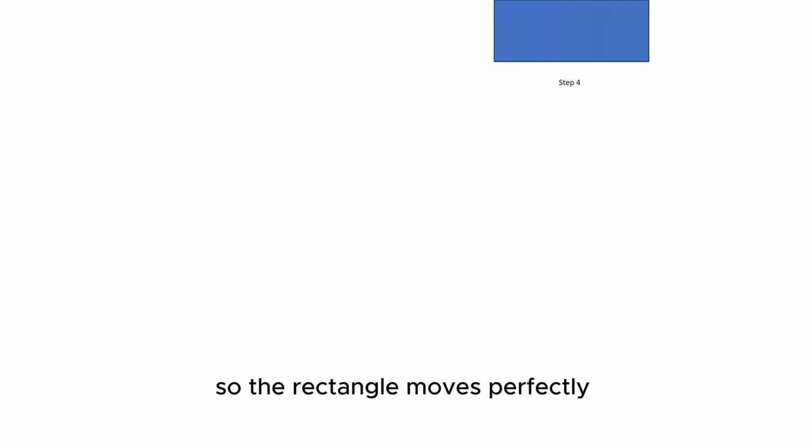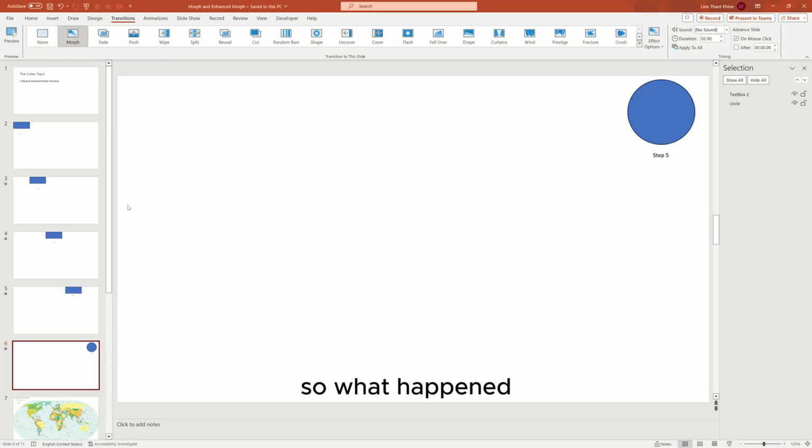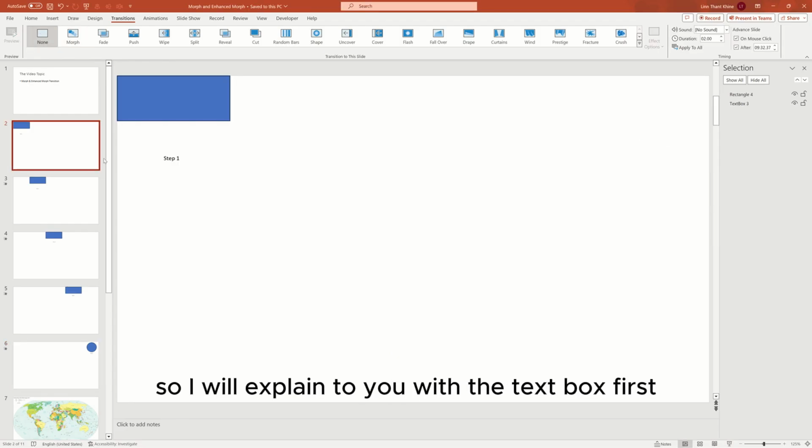The rectangle moves perfectly, but the text disappears and appears again. In step 5, both the rectangle and the text box disappear, and the circle and the text box appear. So what happened? I will explain the text box first.